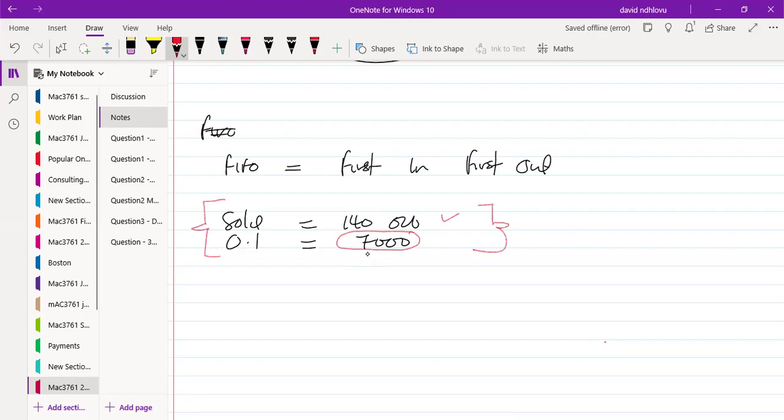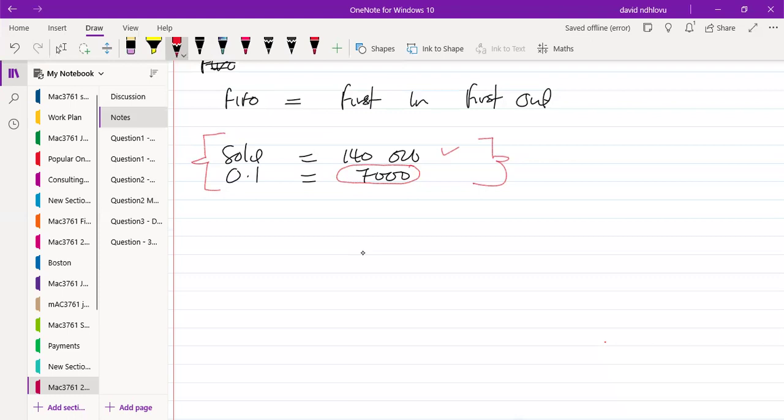So what it means, therefore, is that in our closing inventory, we no longer have any opening inventory units, as they have been sold off. So closing inventory is made up only of current production units. If we are calculating closing inventory using the FIFO method, we must not include the opening inventory.